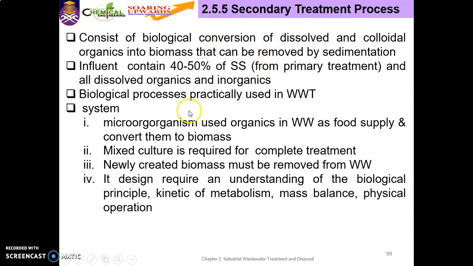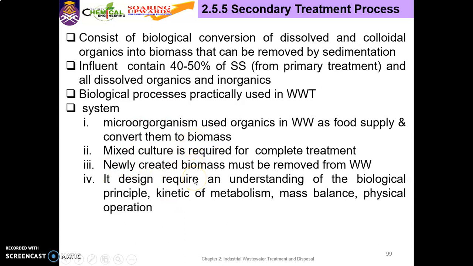In this biological process, microorganisms will be added into the wastewater, and the wastewater becomes the food supply to the microorganisms. So the microorganisms will eat your organics, your dissolved material, all the material inside the wastewater, and turn it into biomass.